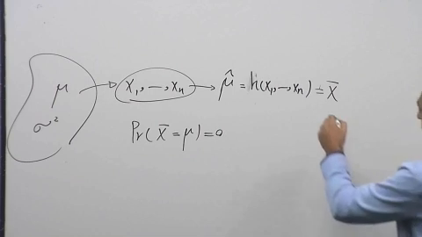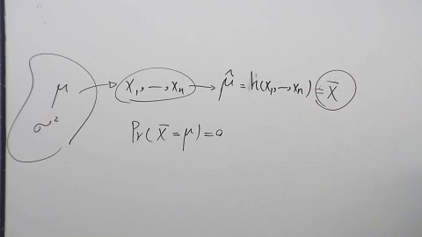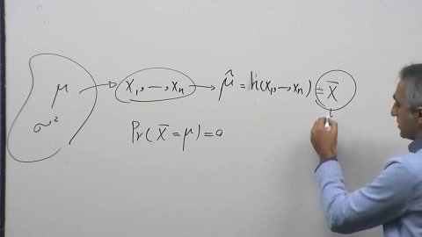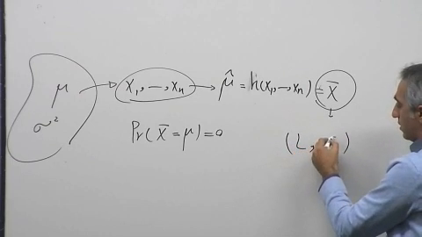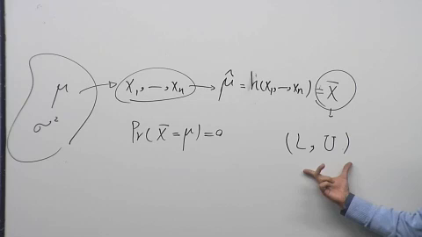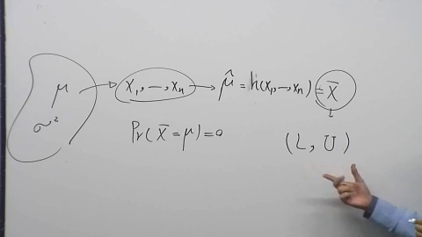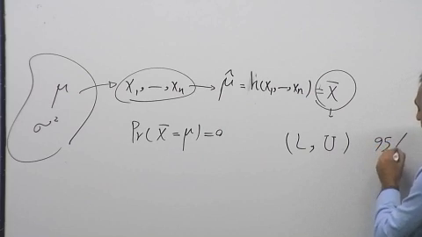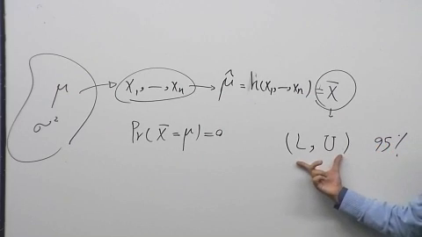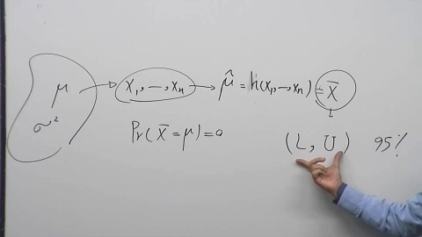Now, so point estimation is not basically enough. So what should I do? I should use this point estimator and define an interval, okay, and say with some confidence, let's say 95%, I can claim that this interval includes my actual parameter.